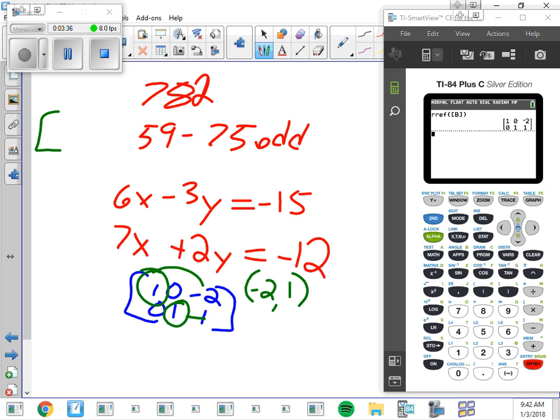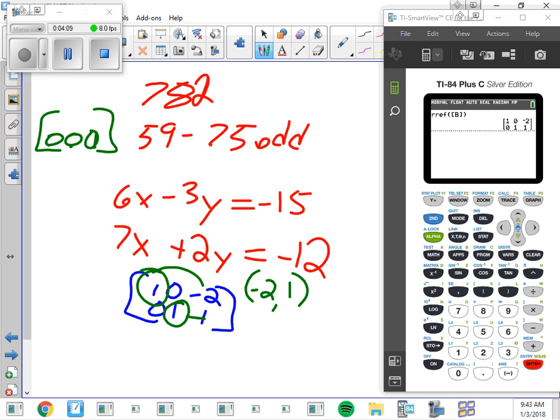So if your bottom row is 0, 0, 1, that means no solutions, because 0x plus 0y cannot equal 1. And if that bottom row is all zeros, that would be infinite solutions, because 0 equals 0. And the stuff in the top doesn't really matter. For infinite solutions, the stuff in the top tells you the equation of the line, but for no solutions, it kind of tells you one of the two lines.